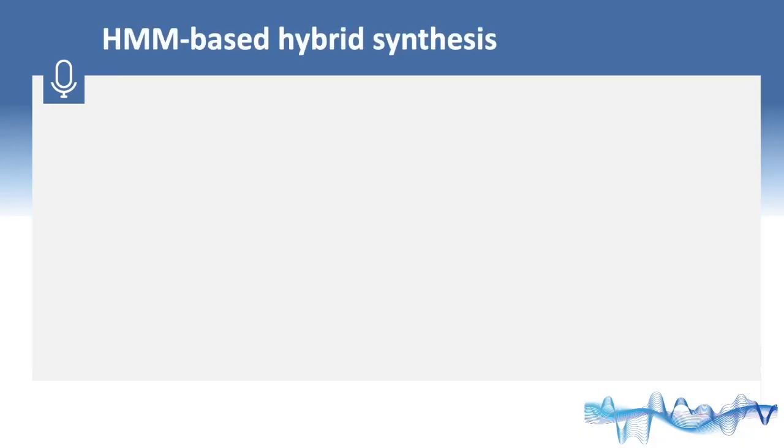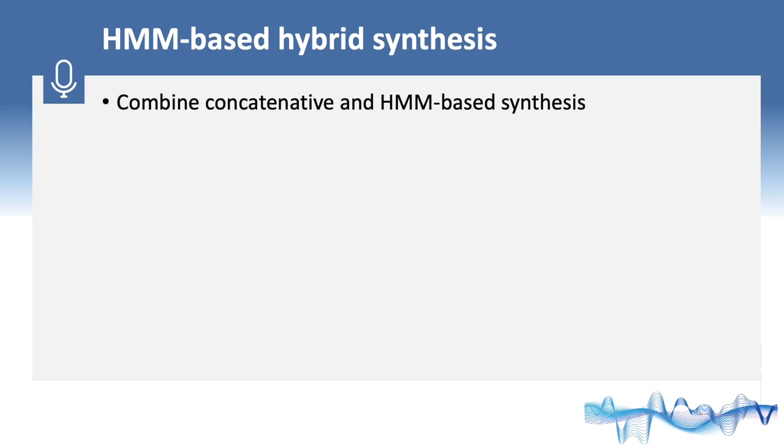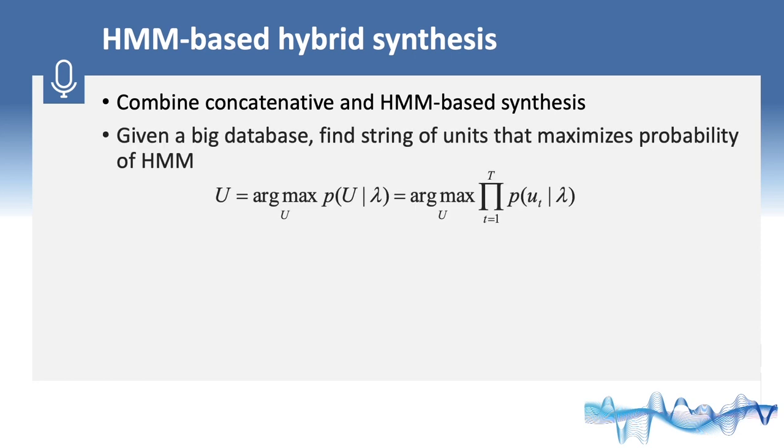There is another method, HMM-based hybrid synthesis, which combines concatenative and HMM-based synthesis. Given a big database, this method aims to find a string of units that maximizes the probability of the HMM and then uses phone concatenation to improve speech synthesis quality for natural speech.